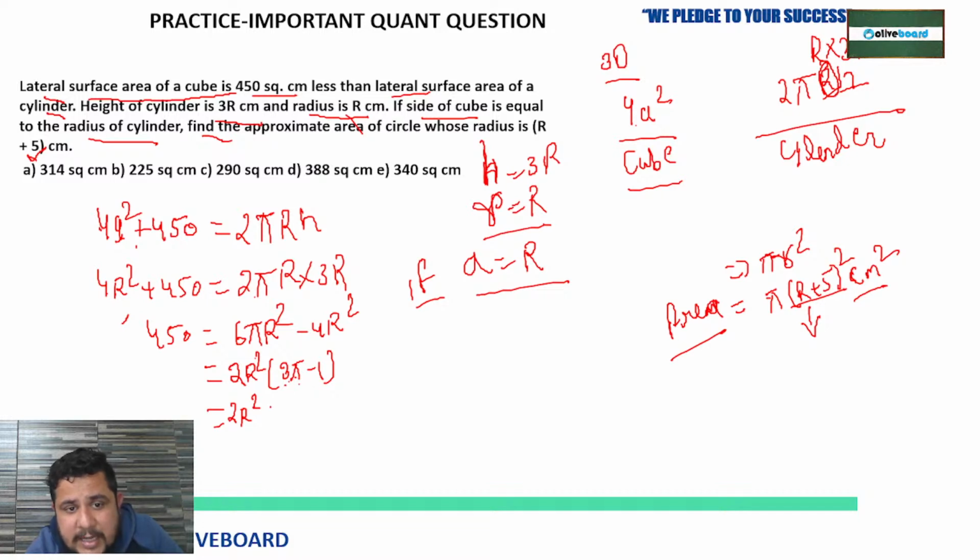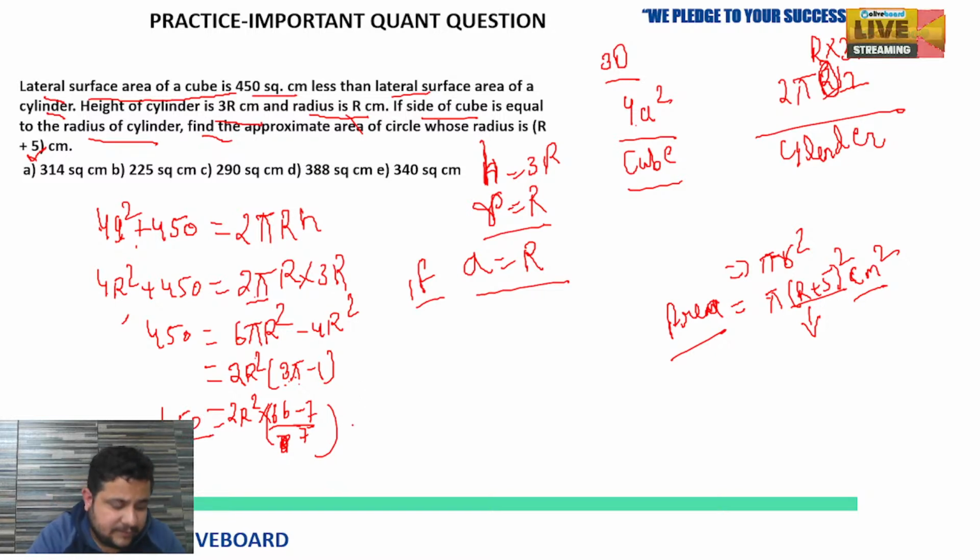So 66 upon 7 minus 2, in the form of sevenths, minus 14 upon 7, so it will be 52 upon 7, equal to 450. Are you getting the point of what we have done here? Is this clear?